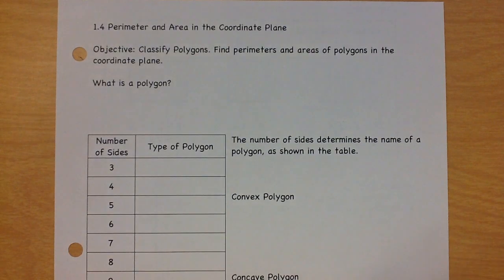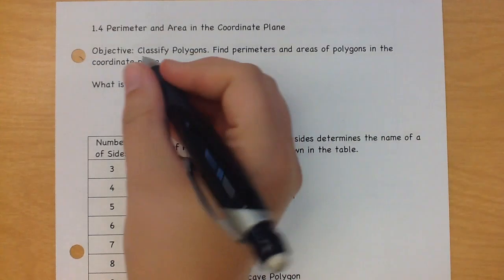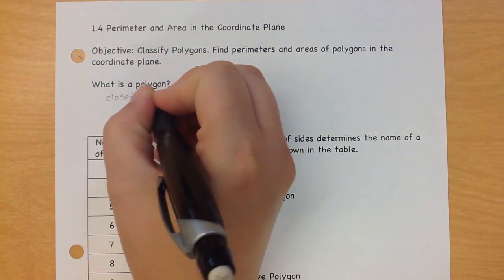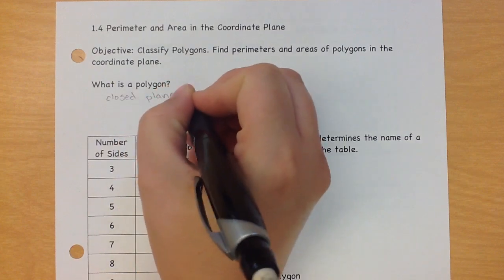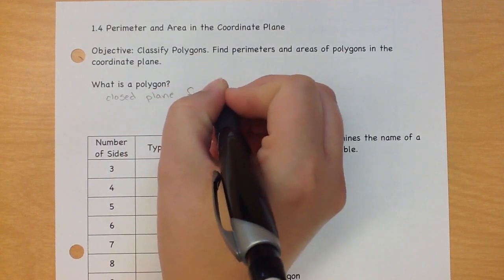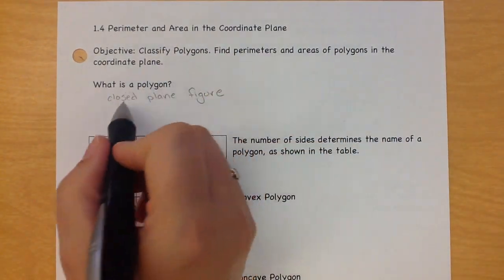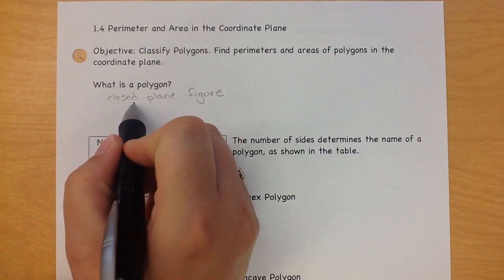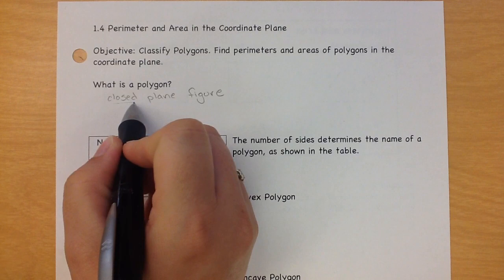Okay, first off, a polygon lies in a plane. So it's a figure that's in a plane, but it also has to be closed. So we'll just call it a closed plane figure. We'll talk about these words as we go. First of all, closed means once you're inside, you can't get outside, and if you're outside, you can't get inside.